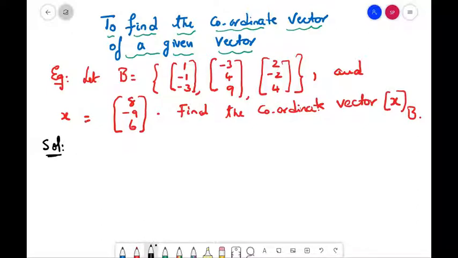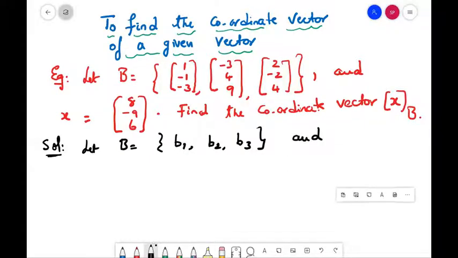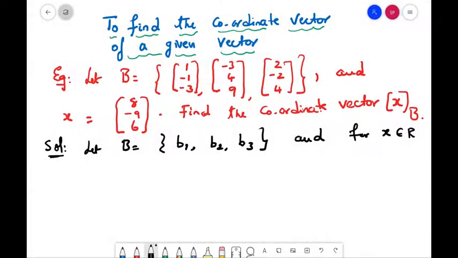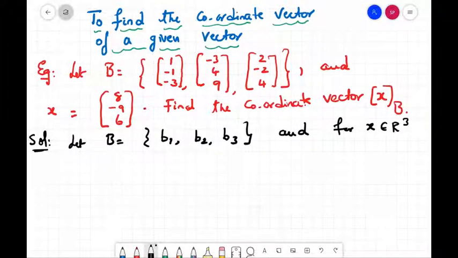We'll write first what we mean by coordinates and coordinate vectors. Whatever B is given as these vectors B1, B2, B3, suppose the given vectors, and for X belonging to V, the vector space V, and here the vector space V I can take as R3, because you can see these vectors are from R3.